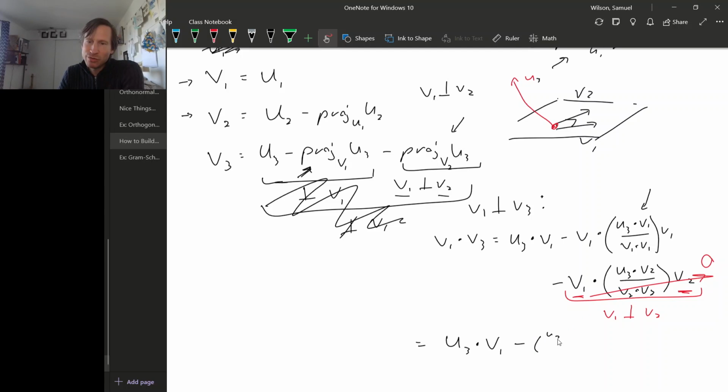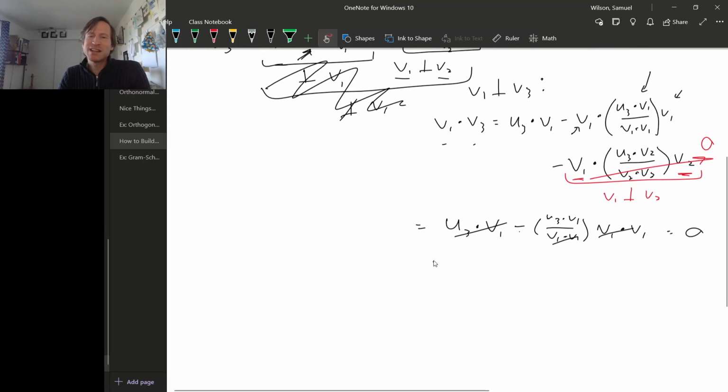So u3 dot v1 over v1 dot v1, and then it's this vector dotted with that vector. So v1 dotted with v1. But look, here's v1 dot v1 in the denominator, so these cancel. So we're getting u3 dot v1, but this one's negative, that one's positive. These cancel, and you get 0. So now we know that v1 dotted with v3 is 0.